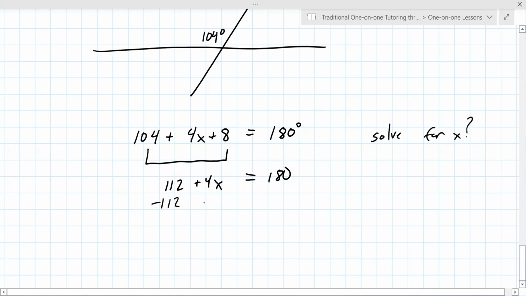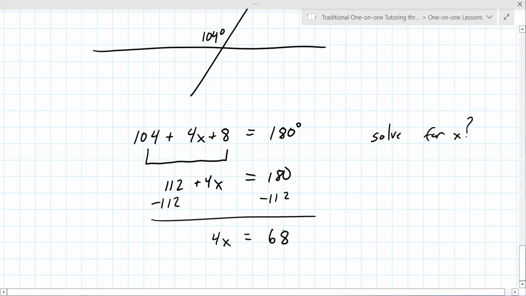What is 180 minus 112, Sourish? 180 minus 112. That right there. 68. I agree, it's 68.